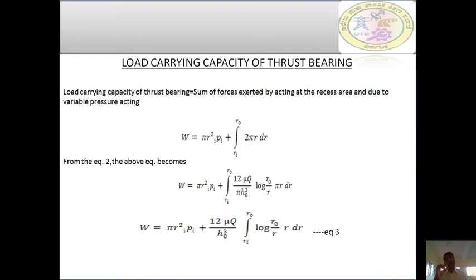I means inverse, L means logarithmic element, A means arithmetic, T means trigonometric, E means exponential. In this case, log r naught by r is a logarithmic element and r is arithmetic. You have to take the first function as log r naught by r and the second function as small r.